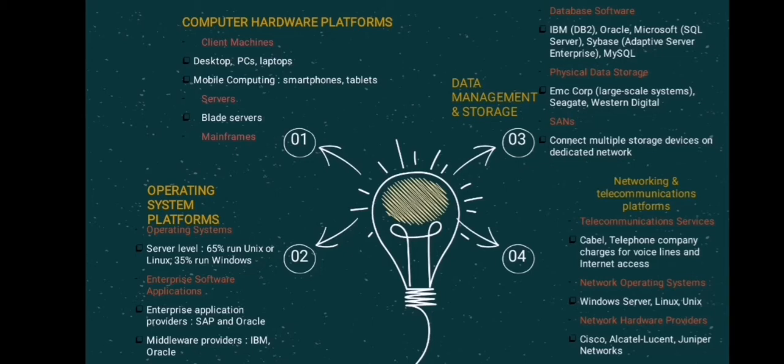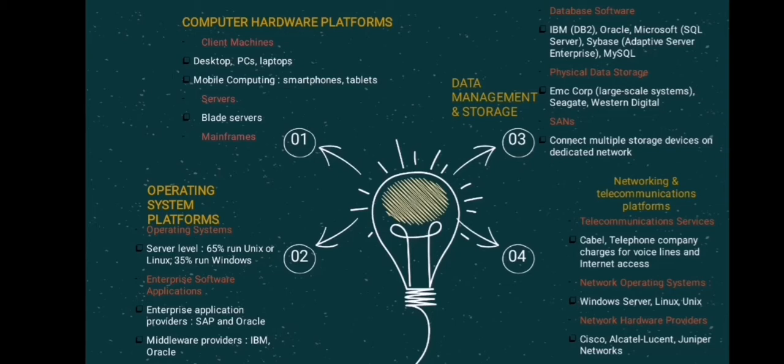And then about the servers, there are blade servers, which are ultra-thin computers stored in racks. And then next is mainframes, where an IBM mainframe is equivalent to thousands of blade servers.